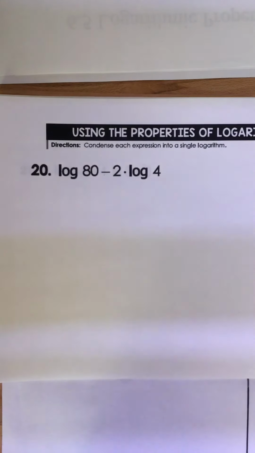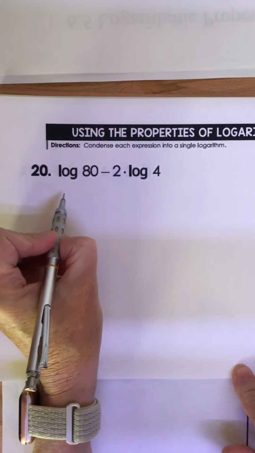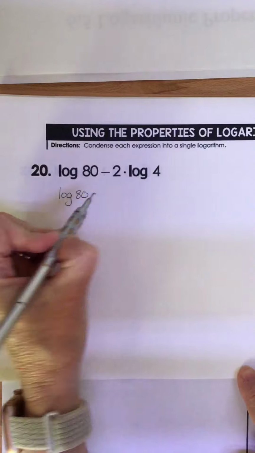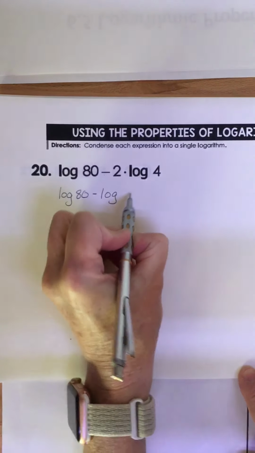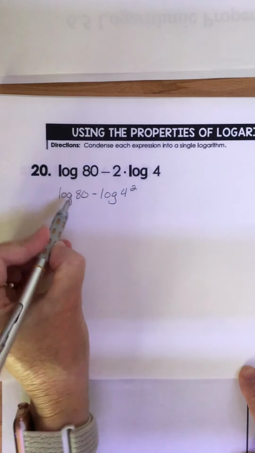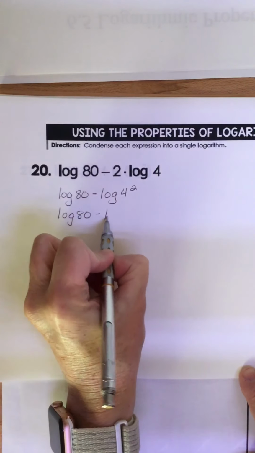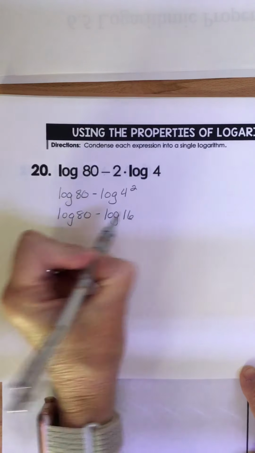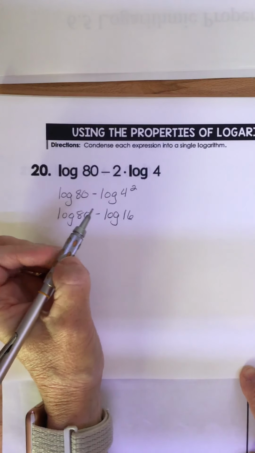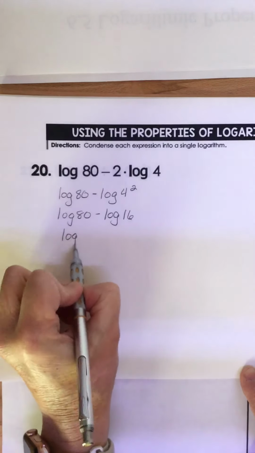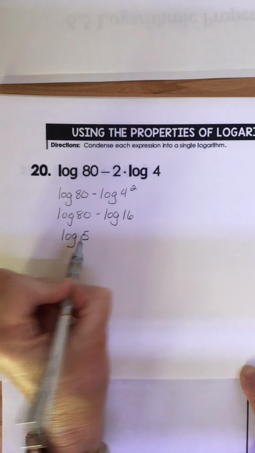So let's go ahead and do that. So we have log 80 minus log 4 squared, which is log 80 minus log 16, and 80 divided by 16 is 5, so we condense it all the way down to log 5.